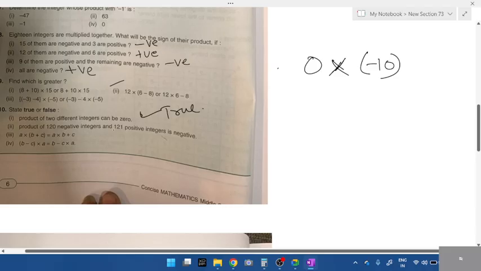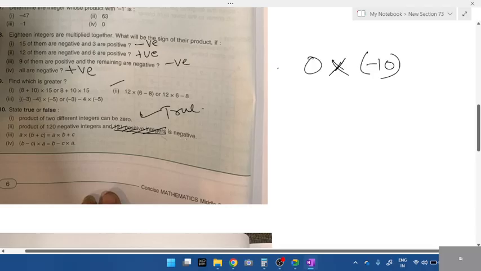Product of 120 negative integers is negative. See, whenever positive is given, I told you just ignore positive. Clear? What do you mean by 120? Is 120 even or odd? 120 is even, right? If it is even, will you get positive or negative? So what is it? True or false?